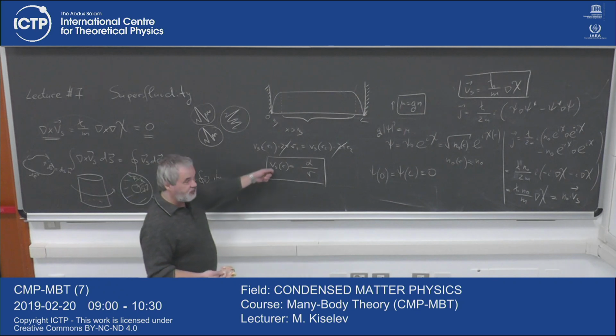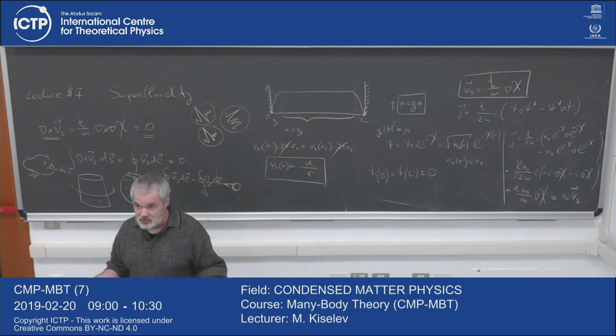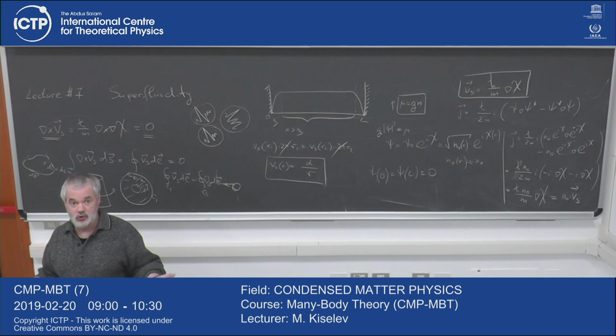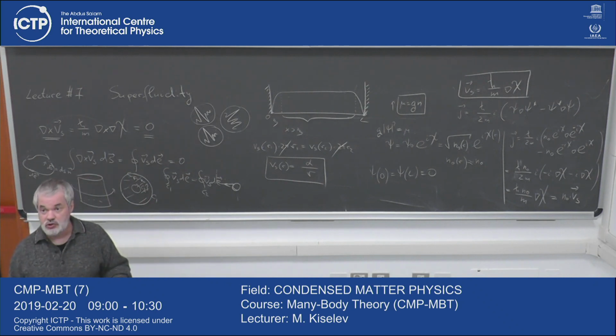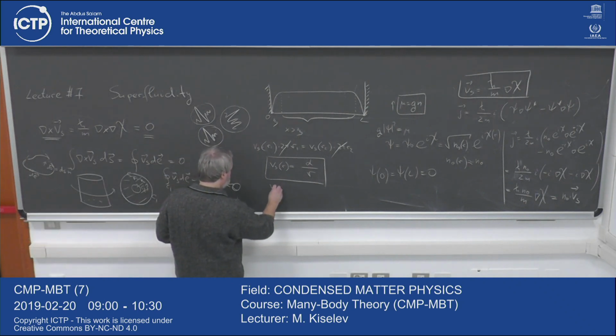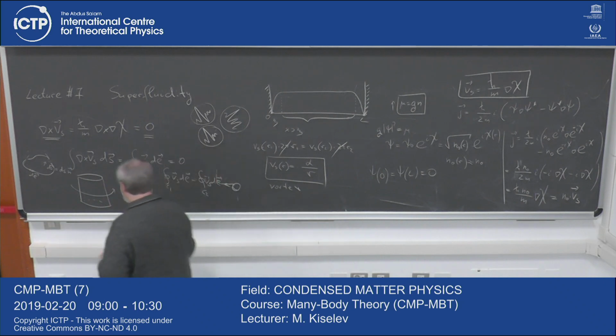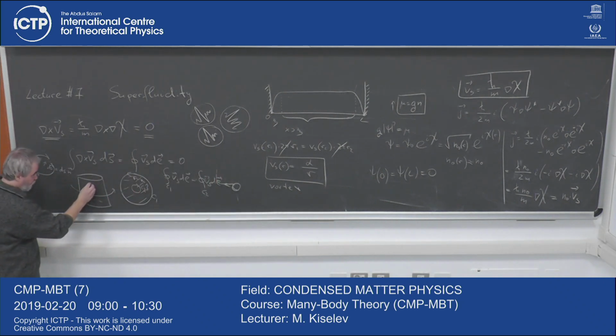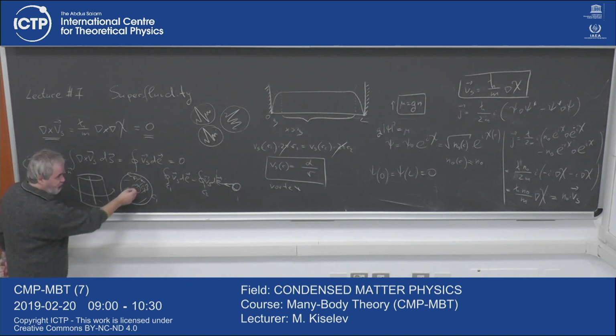And of course, if the velocity is larger than something, you destroy superfluidity. You don't have a superfluid component anymore. So what we get is a vortex. If the angular velocity when we rotate the container exceeds a critical value, which we estimate at the end of the lecture, if you rotate it faster than that, we create one vortex, which consists of the core of the vortex, where there is only a normal component, because we destroy superfluidity in the middle.